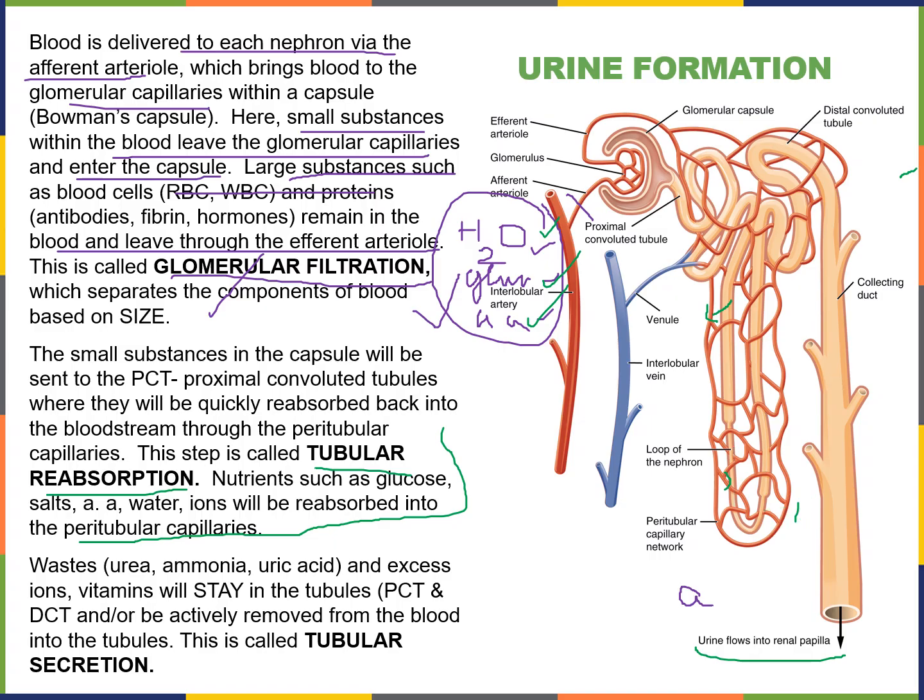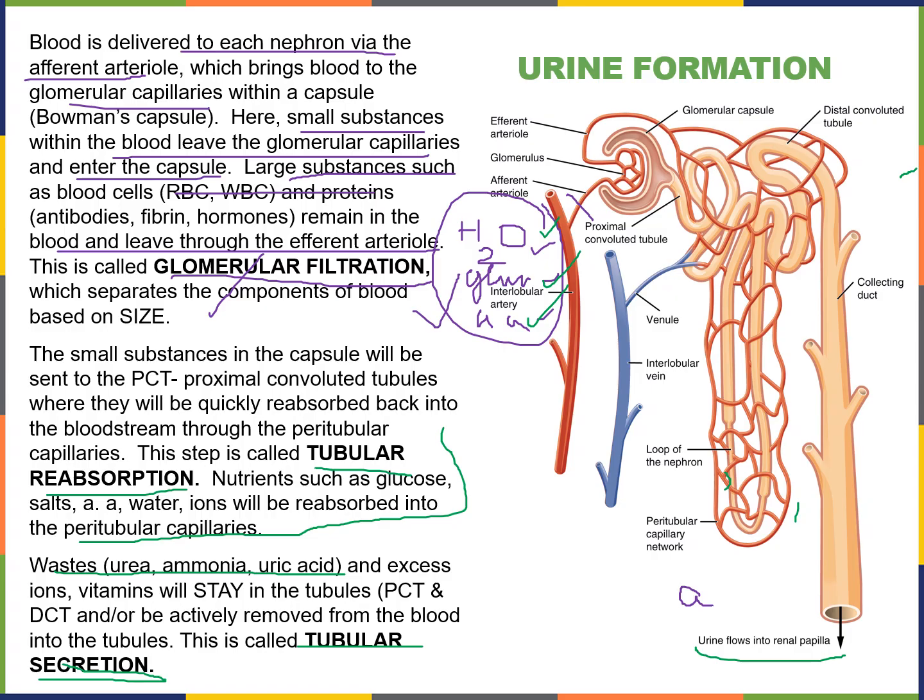So that's the story for water and glucose and amino acids. What else is there? Well, we have wastes, and we have a third process, something called tubular secretion.